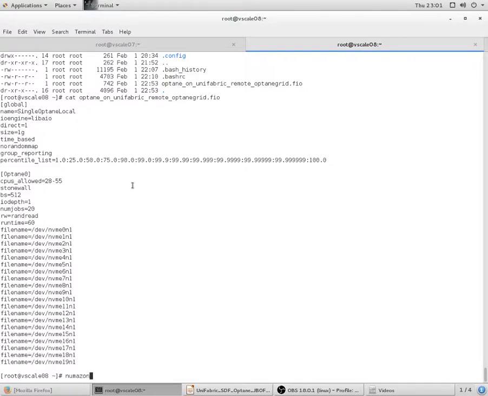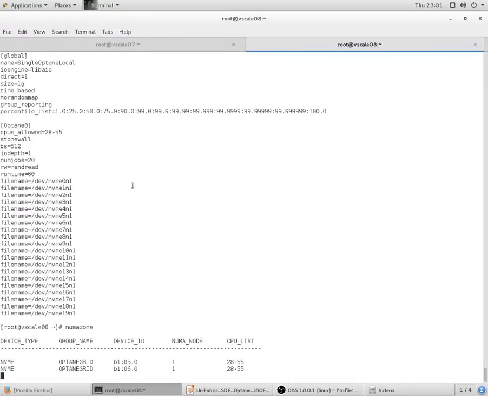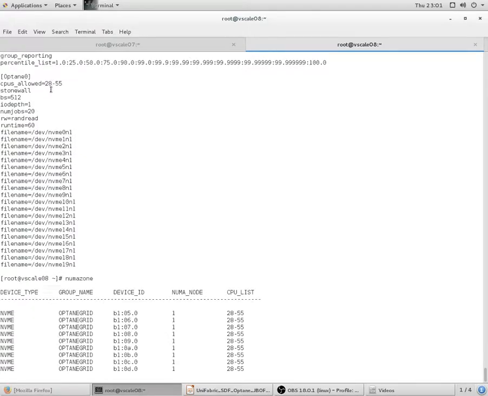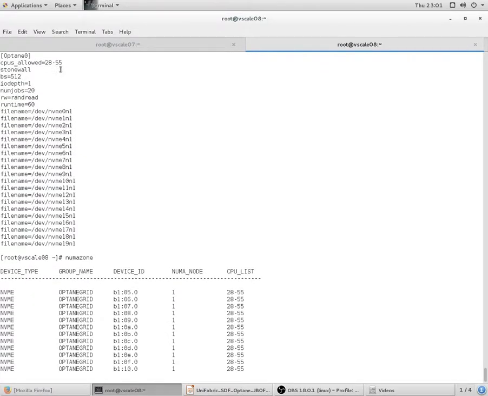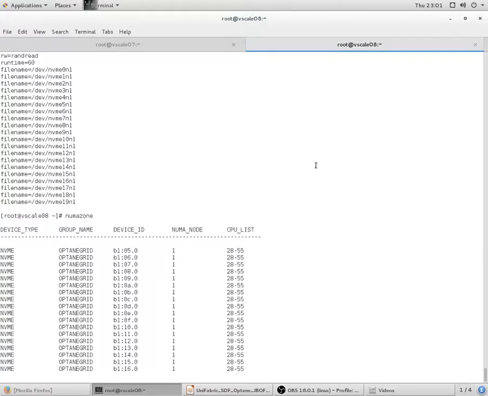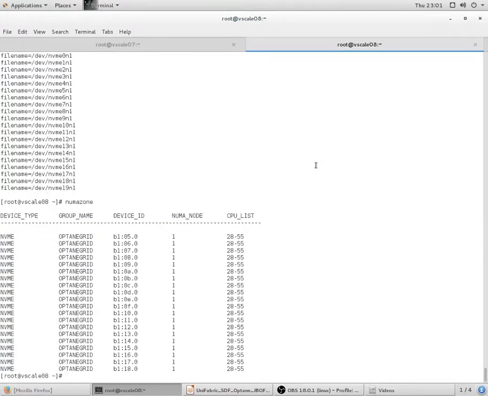Of course, I ensured that they're matching the NUMA zone. You see here, it's NUMA node 2 where our device sharing retimer card is in, because we don't want to go across the NUMA nodes. That adds just unneeded latency.